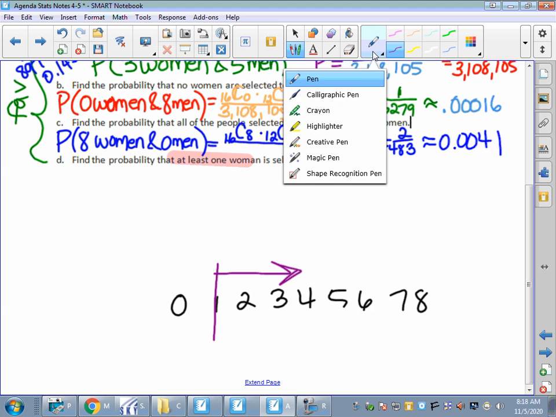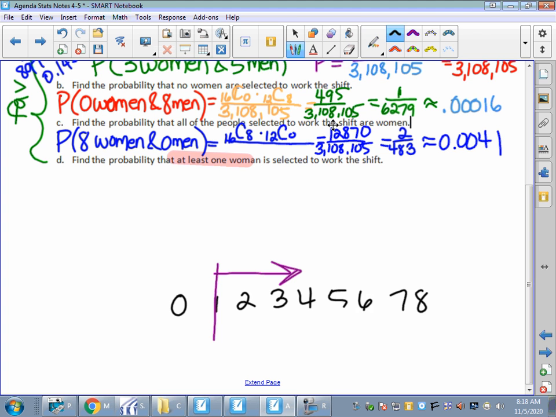So basically what it's telling me is that I have to find the probability of all of this. And since it's 1 or 2 or 3 or 4 or 5 or 6 or 7 or 8, I'd have to add all those separate probabilities together. I don't know about you, but that feels incredibly exhausting. Think about it, probability always adds up to 1, right?